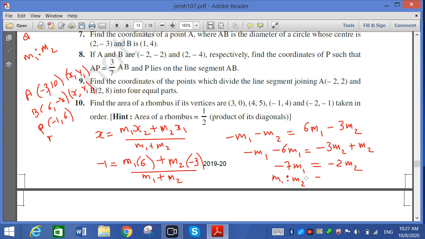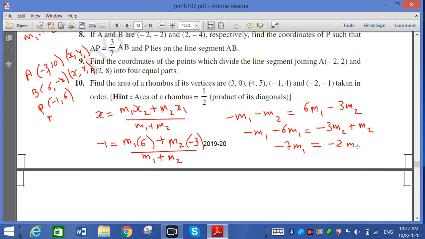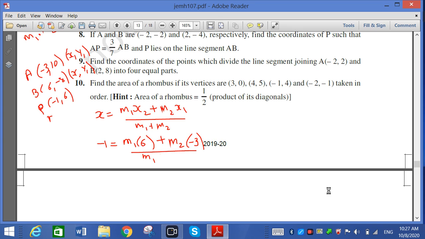It is incorrect. What I have to write, again I explain. Always here m1 upon m2, multiple should go to divisible, 2 upon 7. So m1 ratio m2 is 2 ratio 7. The question is to find out the ratio, that we have found, that is 2 ratio 7.